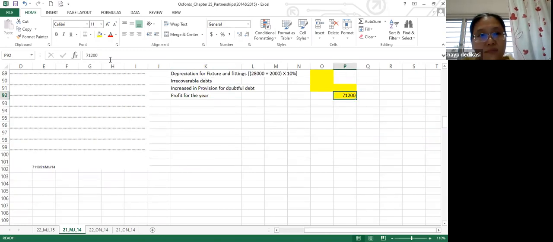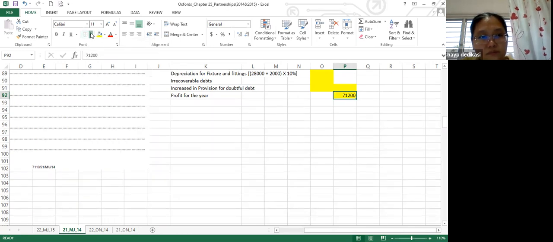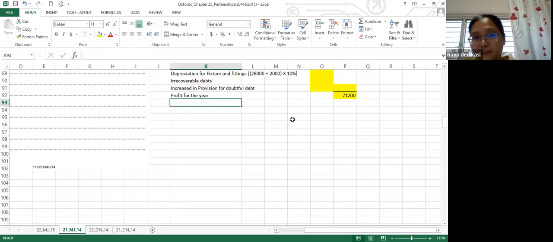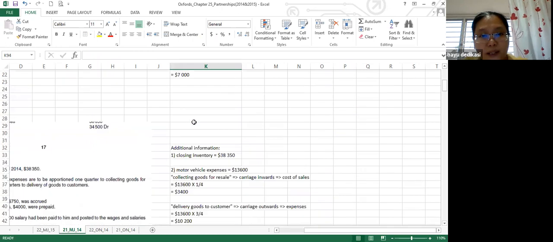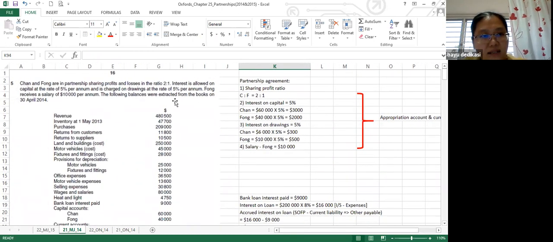So this amount we just put based on the appropriation account format. You must memorize the format, because this is a fixed format. It won't change. Interest on drawings, because this is income to the partner. Who are these two partners? These two partners are Chan and Fong.